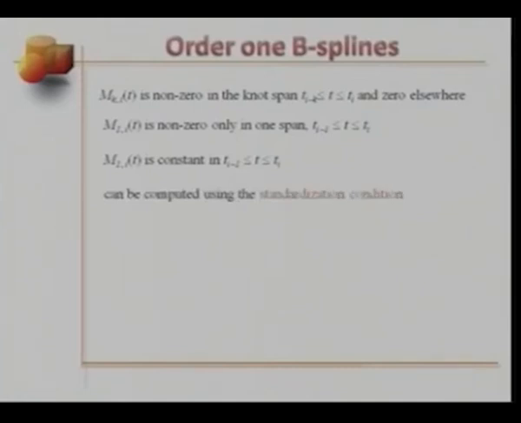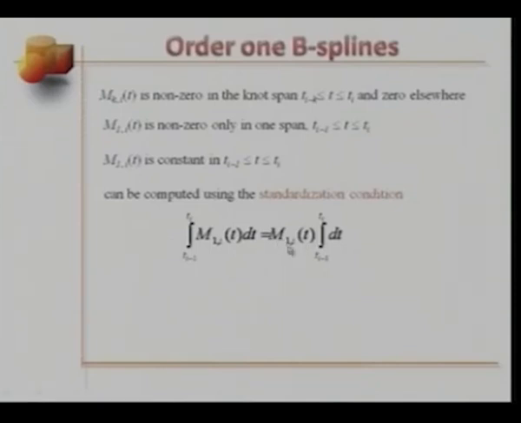Well, we have seen this standardization condition before, and we can use that to compute M1 I. Integral going from t I minus 1 to t I of M1 I, a function of t, dt, should be equal to 1 over 1. Since M1 I is a constant, we can take this thing outside the integral sign.